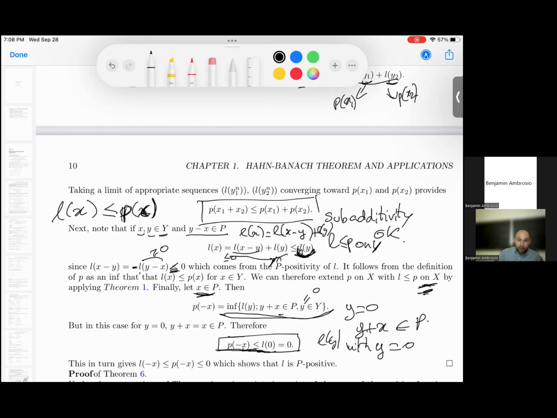But we know that L is less than P from the Hahn-Banach theorem, and so L of minus x is less than P of minus x. And since L is linear, you get that L of x is positive as soon as x belongs to P. So we got our result.